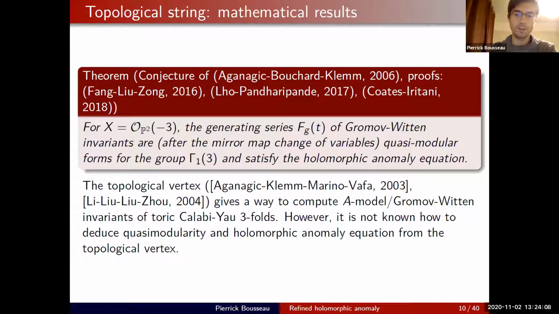However, the subtle point is that it's not known how to deduce the quasi-modularity result and holomorphic anomaly equation directly from the topological vertex. So even if for every given degree and every genus you can compute a number using the topological vertex, it's not clear how to deduce this general property, quasi-modularity and holomorphic anomaly equation, from it.